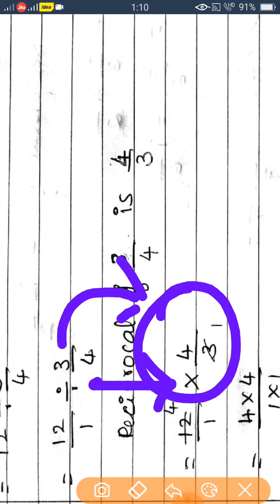When you are changing division to multiplication, we have to write the reciprocal. Okay, clear? So take the reciprocal of the number, then we can write the multiplication sign. Otherwise not necessary to write. It is not a rule at all.